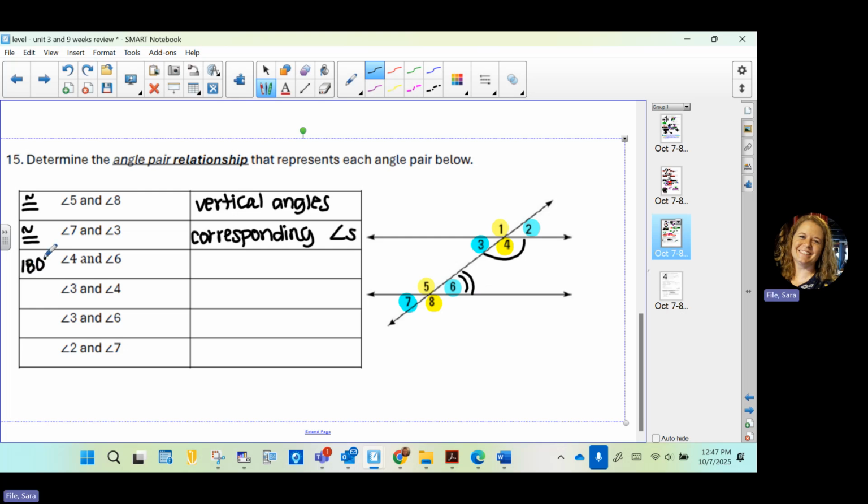But what's the name of their relationship? Are they inside or outside the parallel lines? Inside. They're in between. So they're interior. Now, are they on the same side of the transversal or alternate sides? Same side. So they're same side interior.